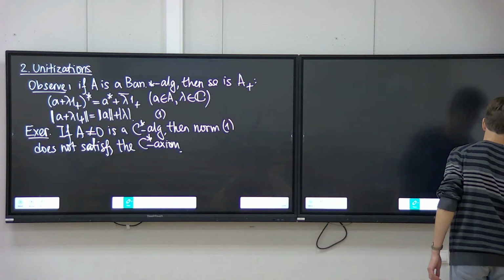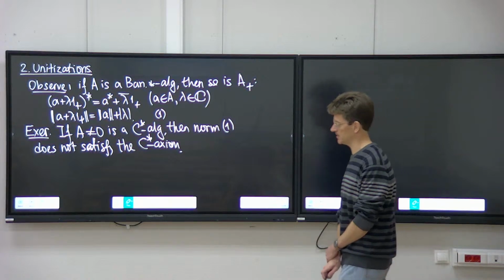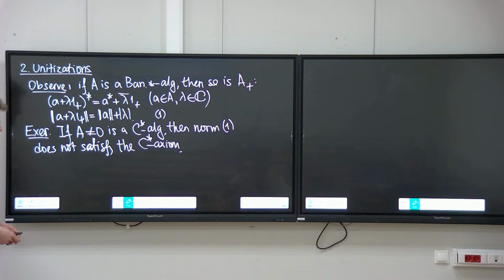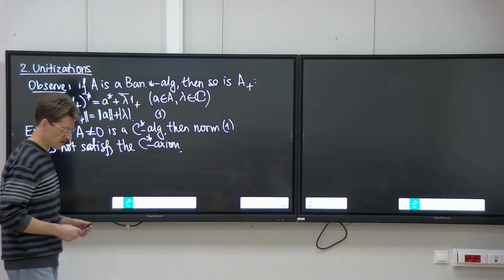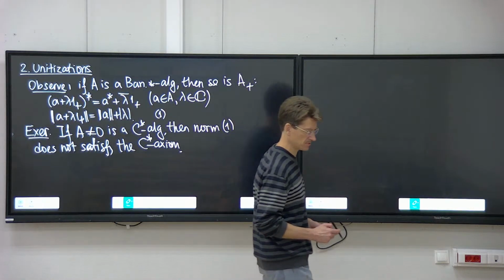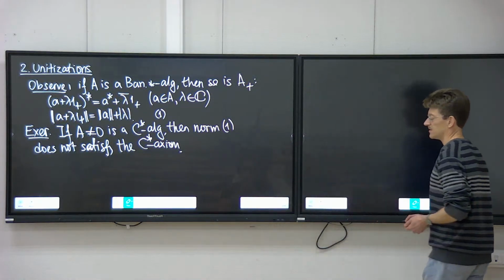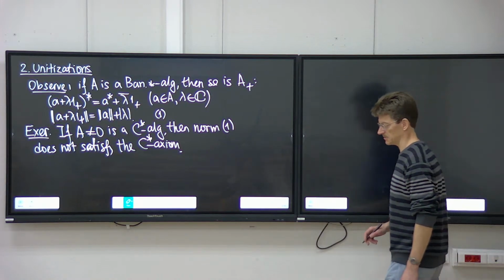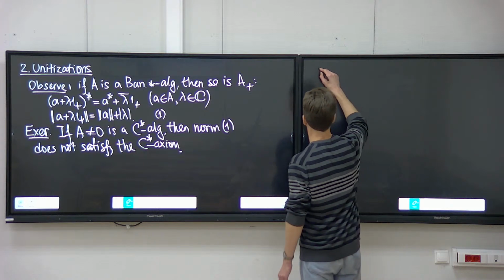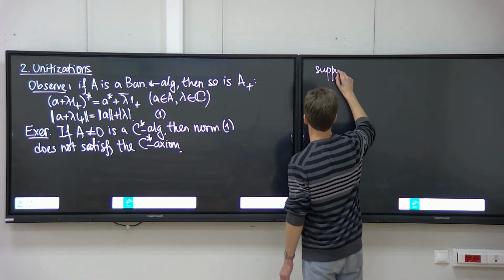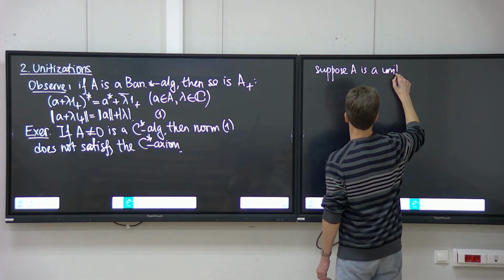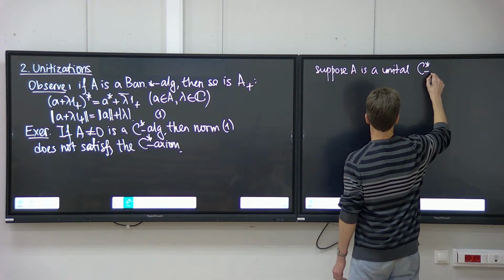Luckily enough, it turns out that there is another way to define a norm on A plus and to make it into a C-star algebra. And the construction of the C-star norm on the unitization depends on whether or not A itself is unital. So let's start with the simple case where A is already unital. So suppose that A is a unital C-star algebra.